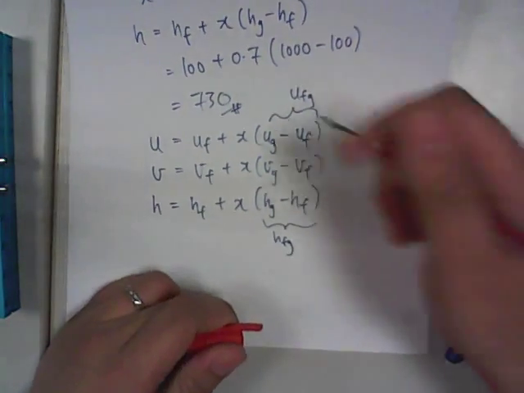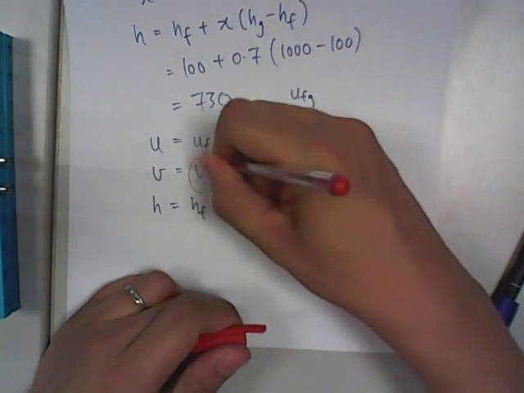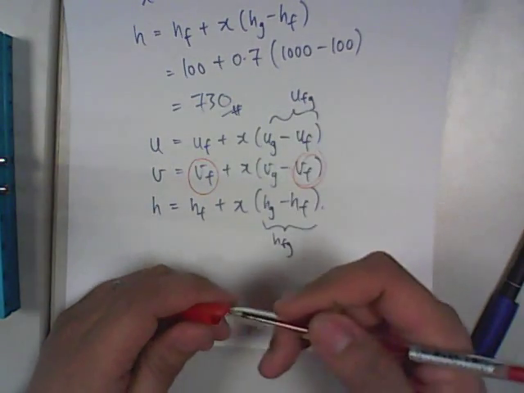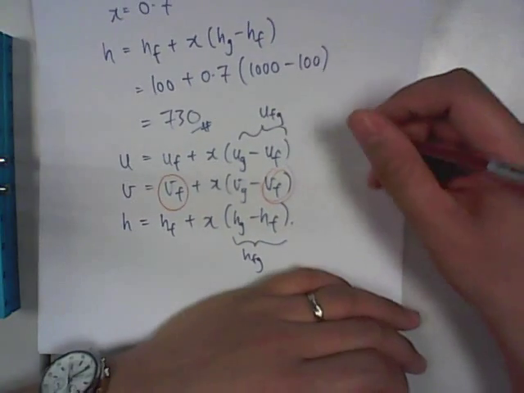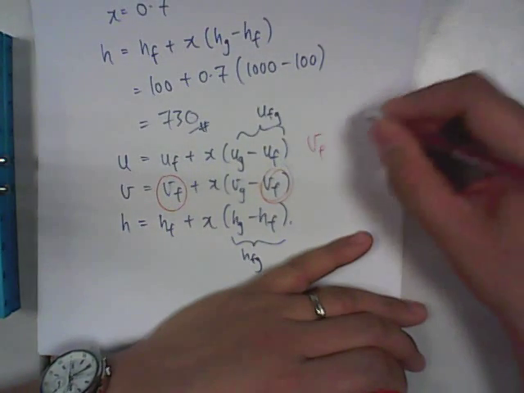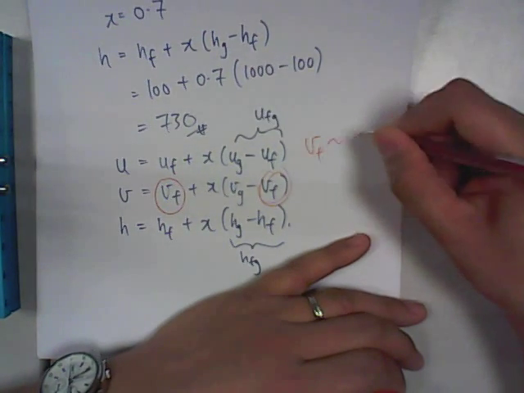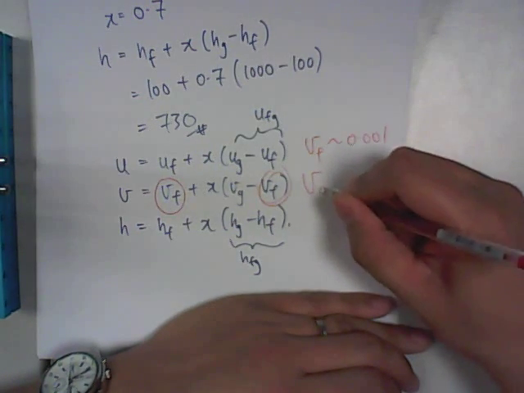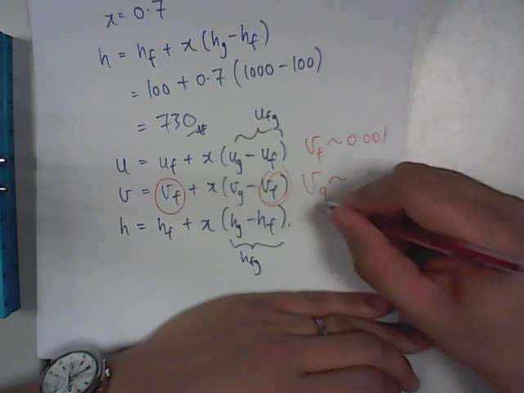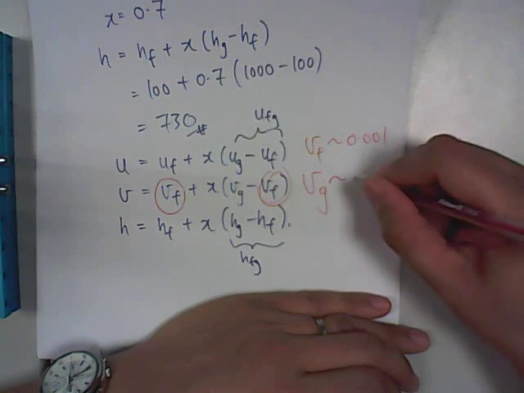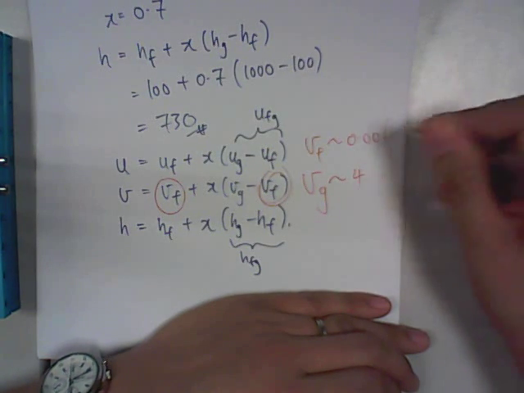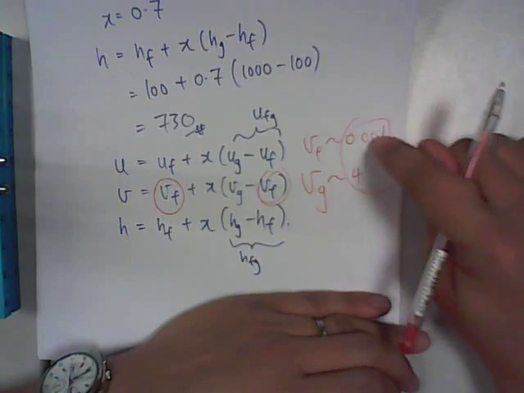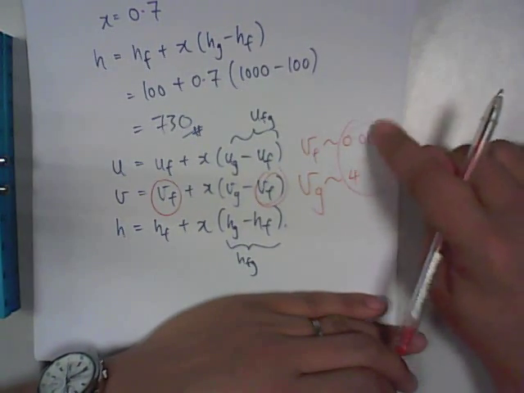Now the key point to note is this. You remember just now I mentioned that the specific volume of liquid is around 0.001, and just now we got a value along the g line of the gas to be about 4 point something. Can you see that the difference is very big?